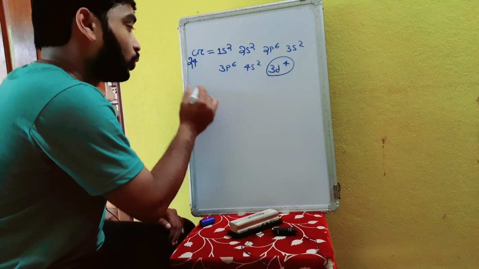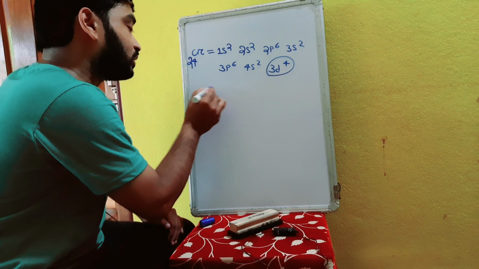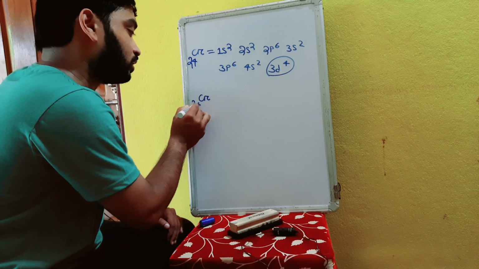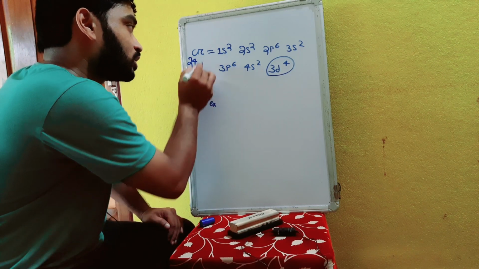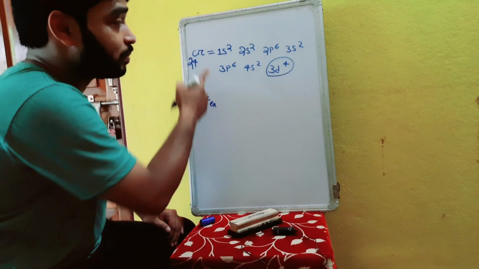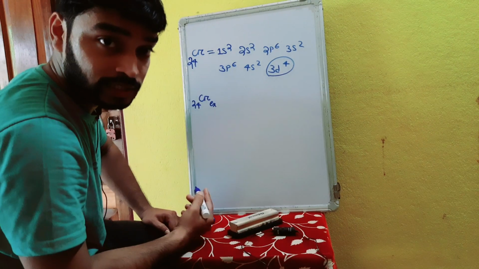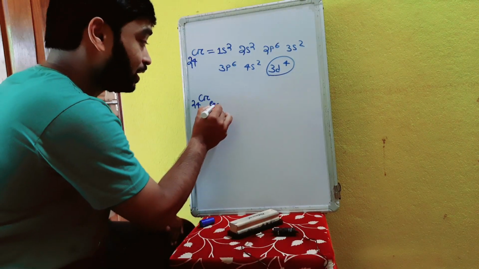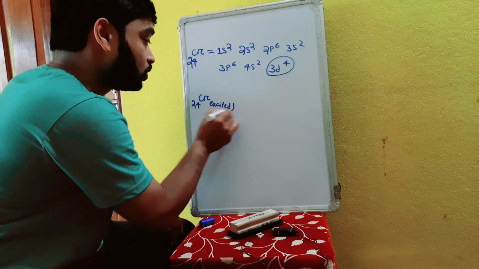So here we excite the electrons present in the lower energy orbital. That means the electrons of the chromium atom present in the ground state are excited by giving certain energy.